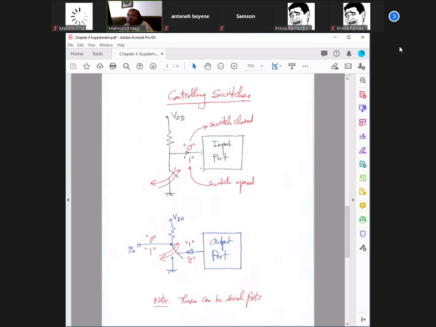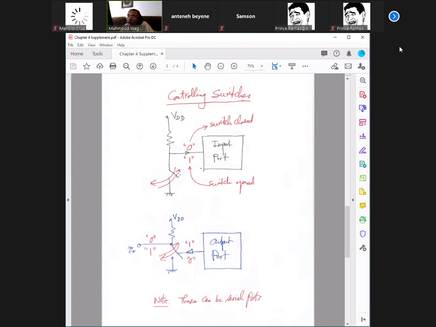In this particular example in front of you, this is an input port. Why? Because we want to read the position of this switch. If the switch is closed, the voltage here is going to be 0.